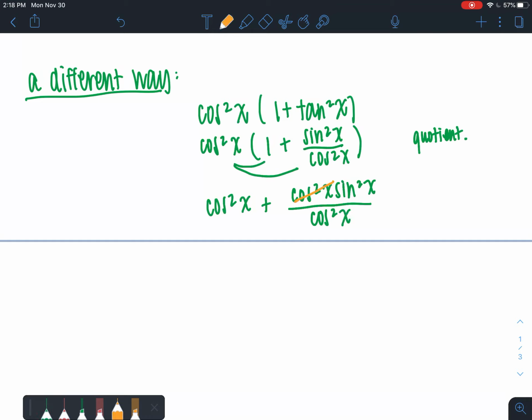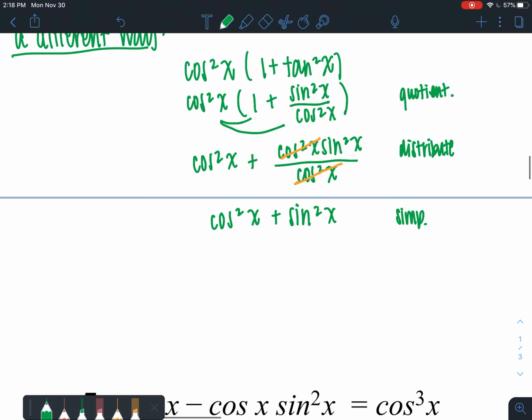These cosines are going to cancel, and I'm left with cosine squared x plus sine squared x. Here I used distribution. Then I used simplification. All right, and then cosine squared plus sine squared is equal to 1. That's a Pythagorean identity.